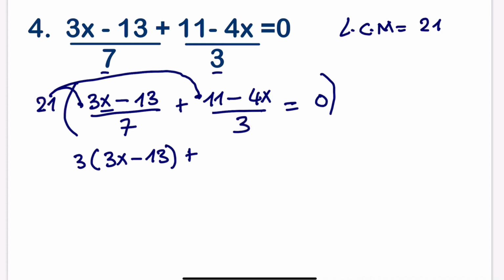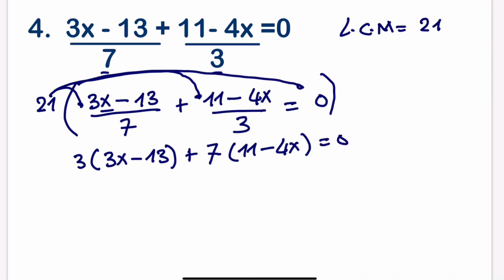So here we are going to have 7 times this numerator, 11 minus 4x. Lastly, 21 times 0 is equal to 0.